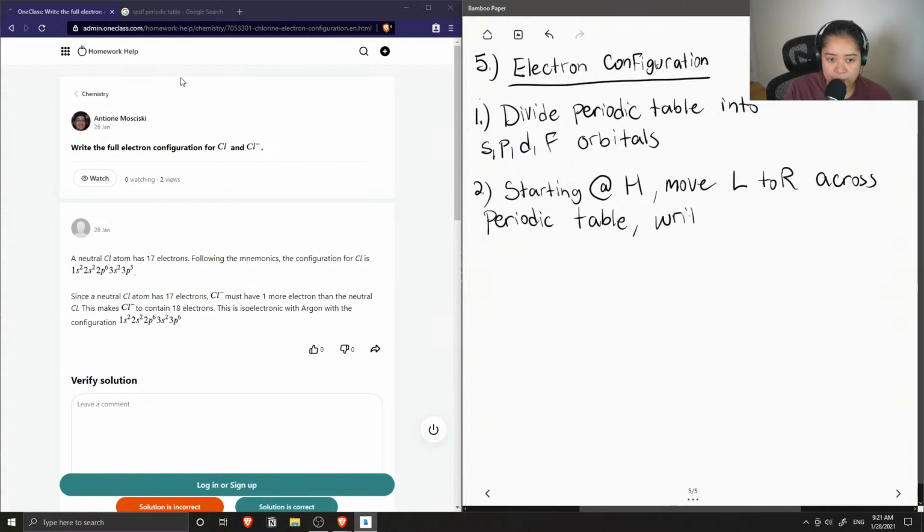And then we would write the row number followed by the block letter. And then you write the number of electrons in that orbital shown in the superscript.